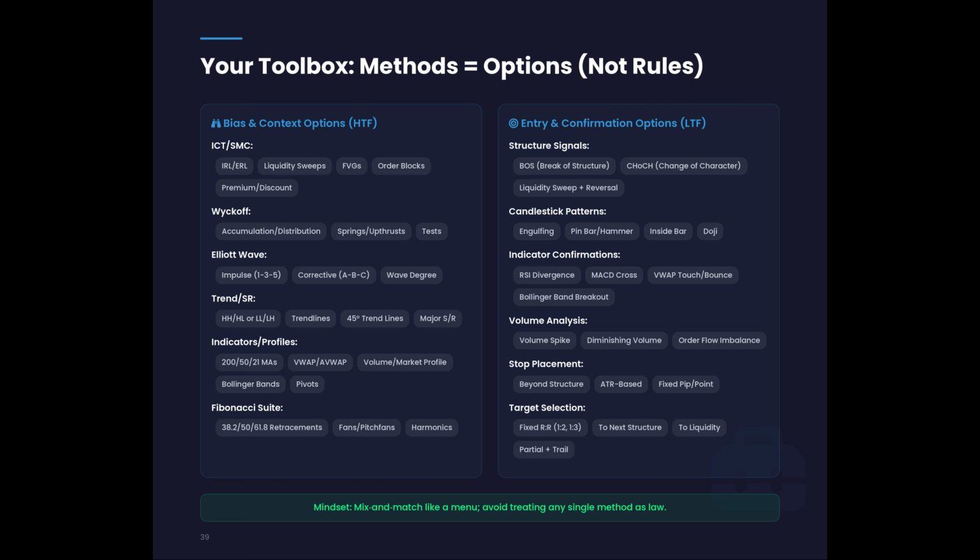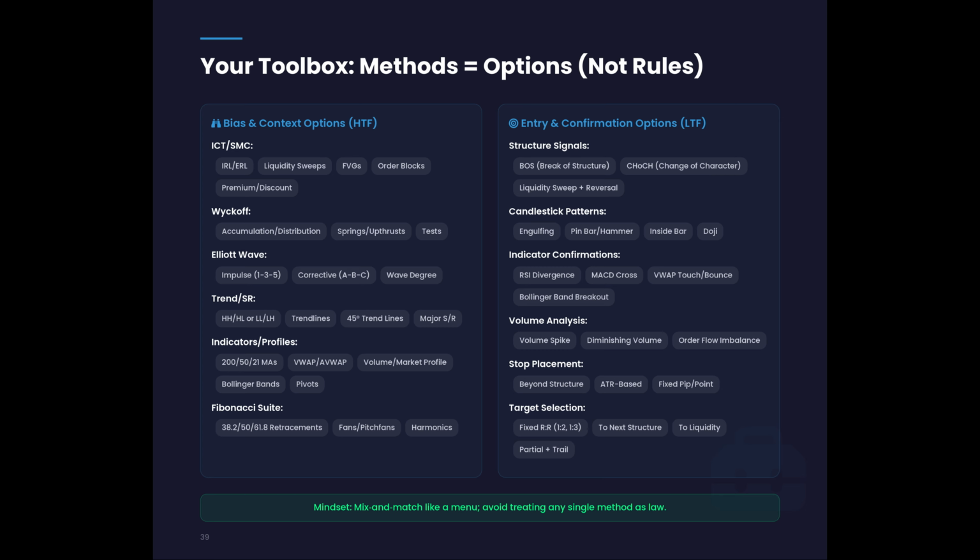Next, explore the Wyckoff method. Determine whether price is in accumulation, markup, distribution, or markdown phases, paying attention to springs and upthrusts, and testing supply and demand zones. With Elliott wave theory, understand where impulse and corrective waves guide market cycles.